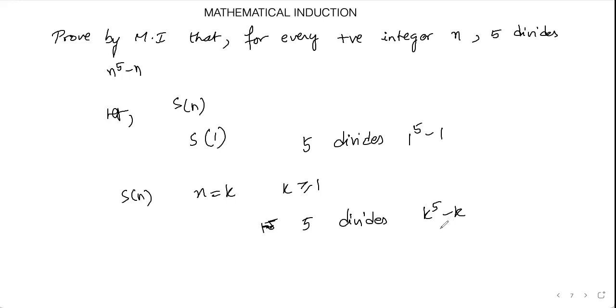This means that k to the power 5 minus k is a multiple of 5, that is, k to the power 5 minus k is 5 times m, for some positive integer m.